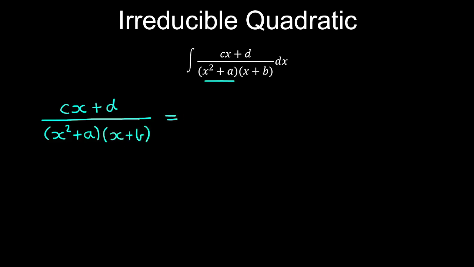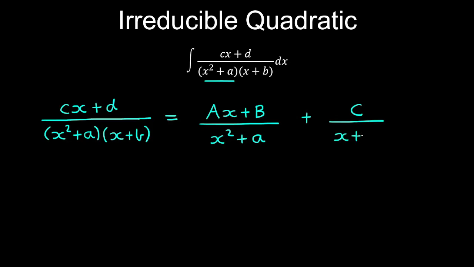And for the irreducible quadratic, we write ax plus b on the irreducible quadratic factor. So as you can see, the degree of the polynomial in the numerator is still smaller than that in the denominator.